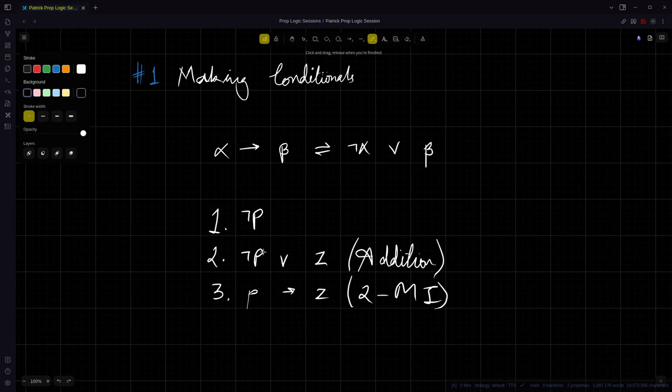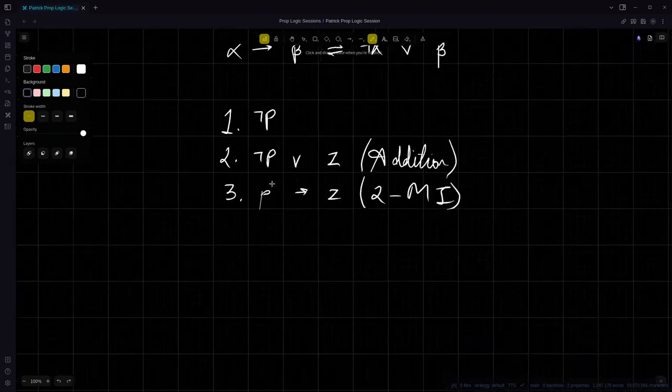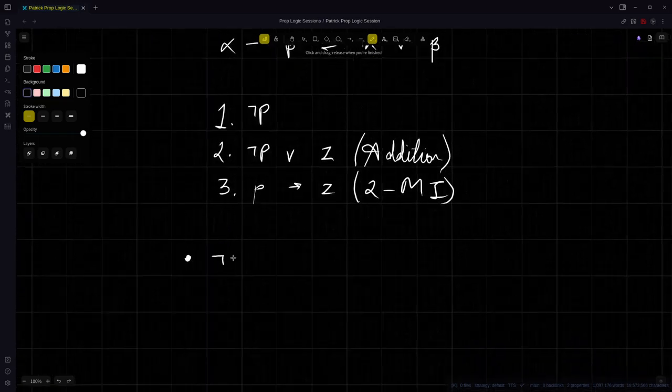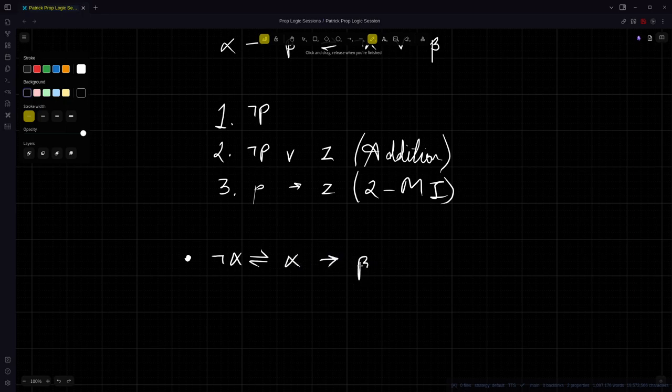So the trick is, from any not alpha, you can derive alpha implies beta.